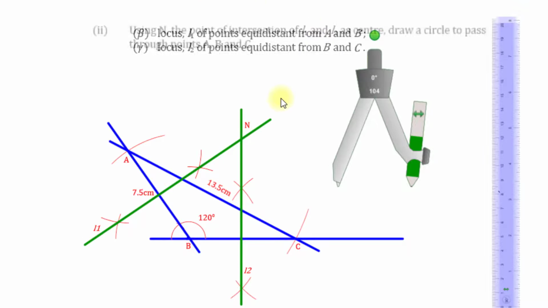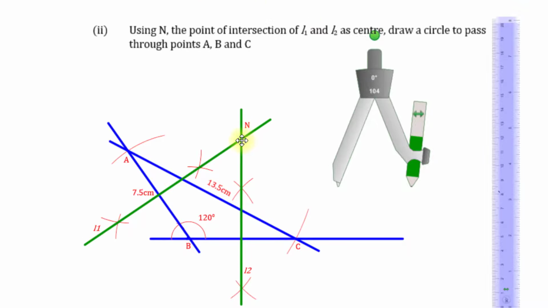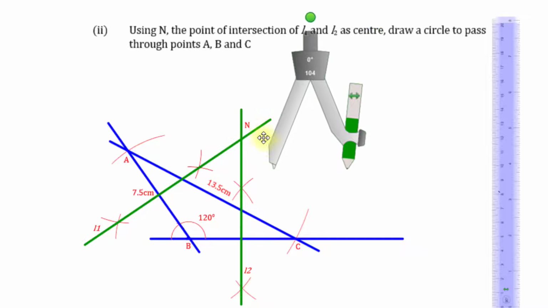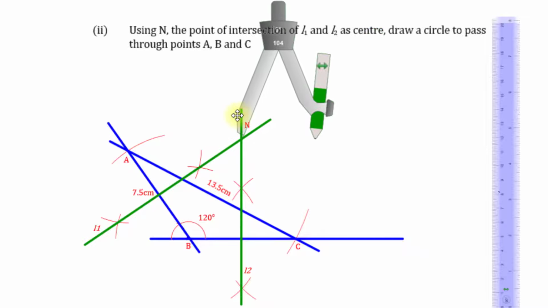And finally, what we are now asked to do is that using N as a center, we are to construct a circle that should pass through A, B, and C. Now, that statement is telling us that N is the center of the circle, and the distance from N to C, which is also going to be the distance from N to B, and also going to be the distance from N to A, is going to be the radius of the circle.